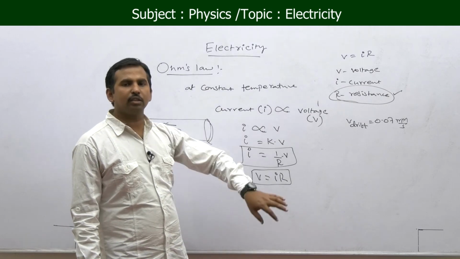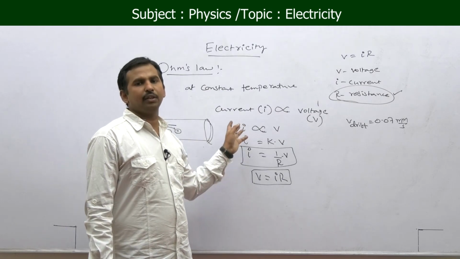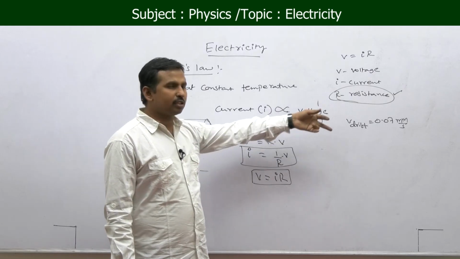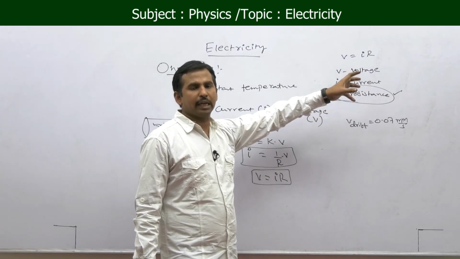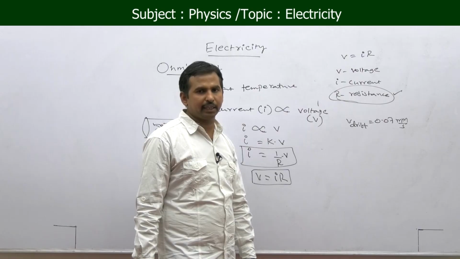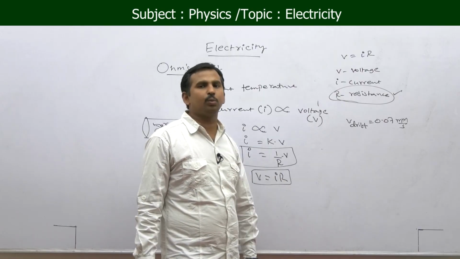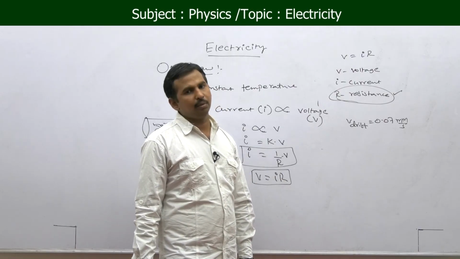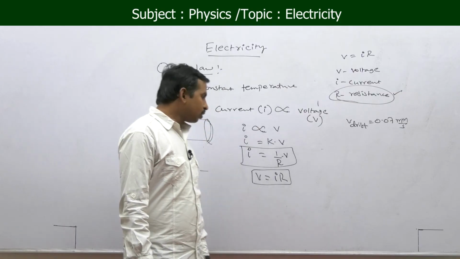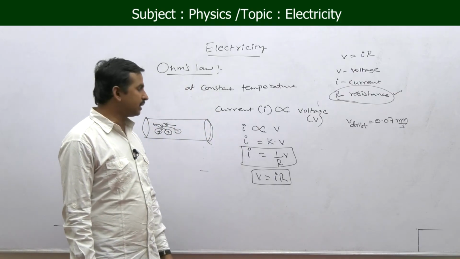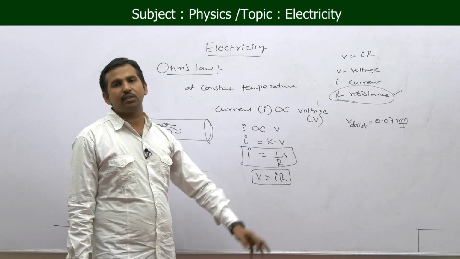So, depending on the strength of the current, we get that reaction. And this is about the velocity of the group of those electrons which are moving in one particular direction. That average speed is 0.07 millimeter per second. Okay. So, from Ohm's law finally we got V is equal to IR, where R is the resistance.